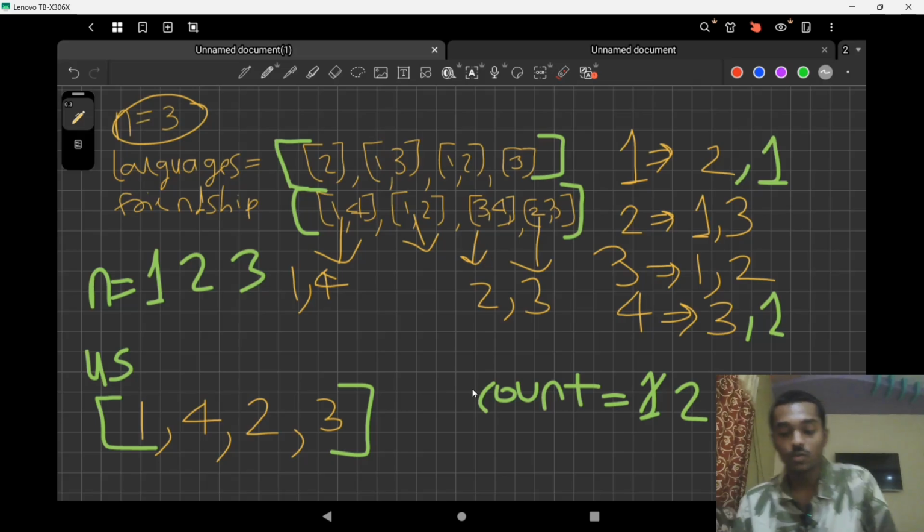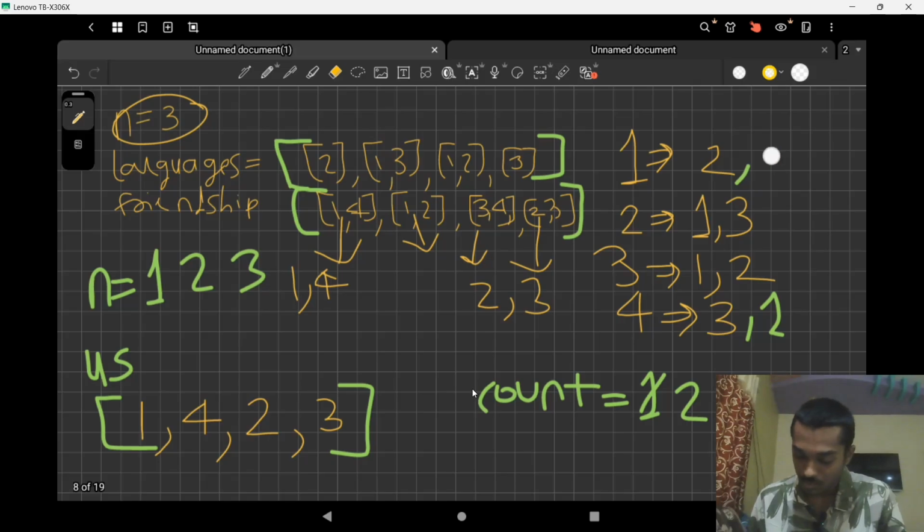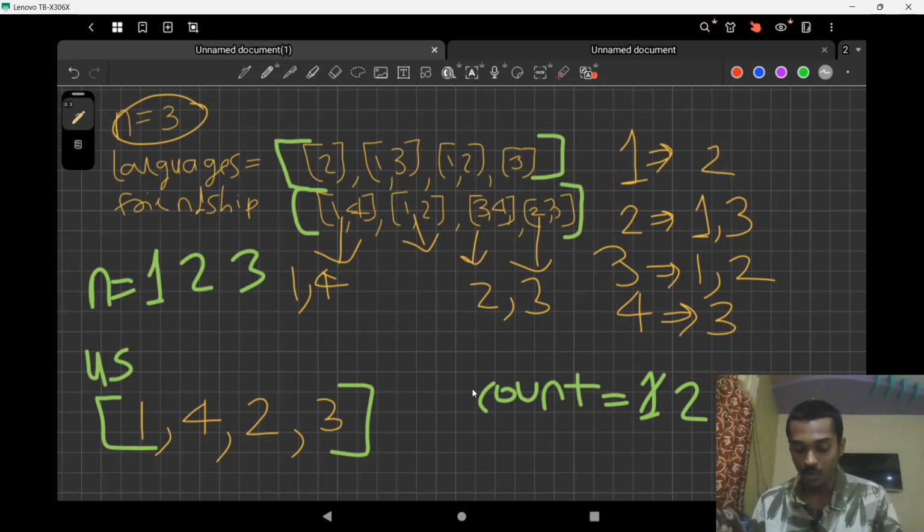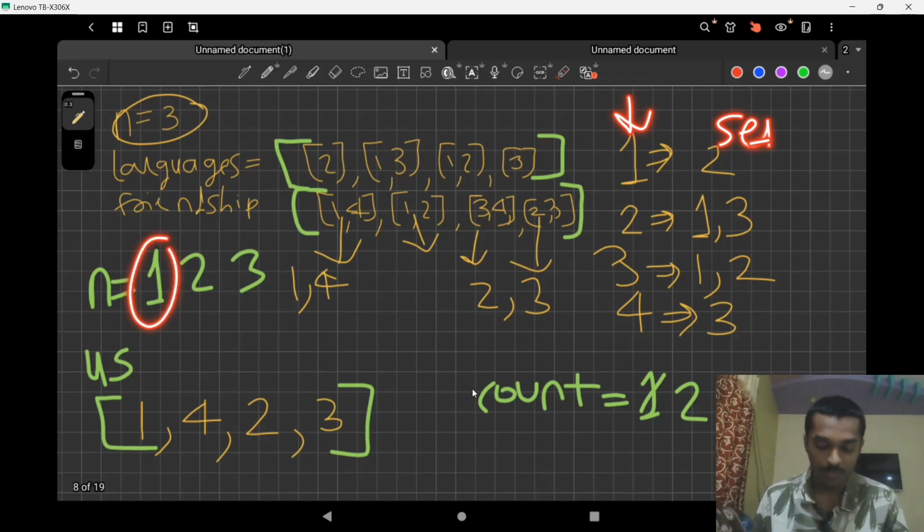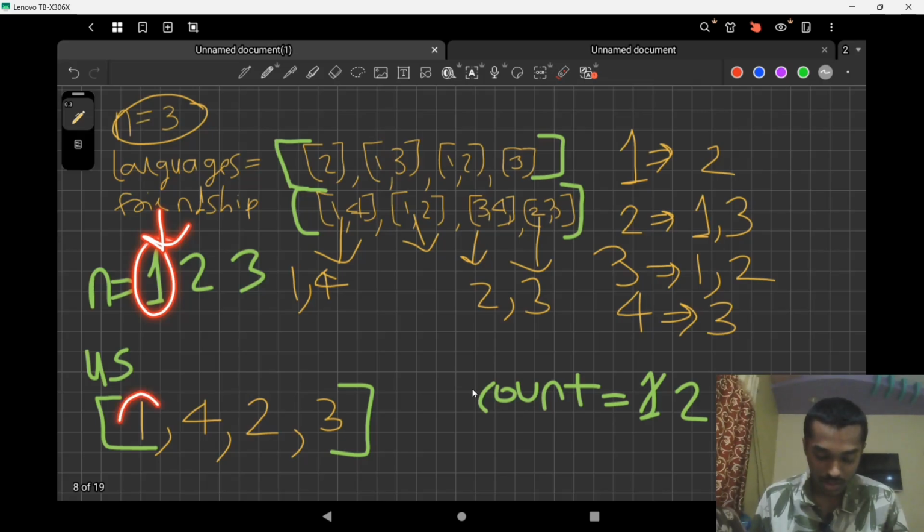Let me explain the code. This is a hash map of integer and set. Why? When we try every possible language, like language one, we need to check whether person one knows language one or not.